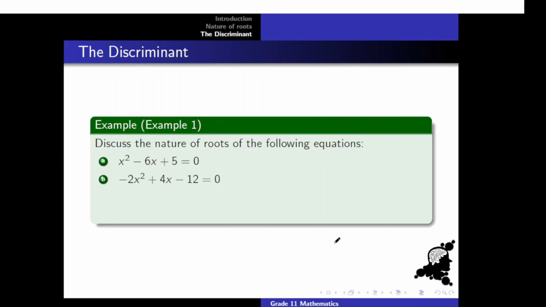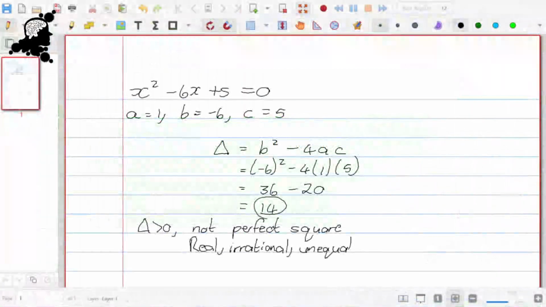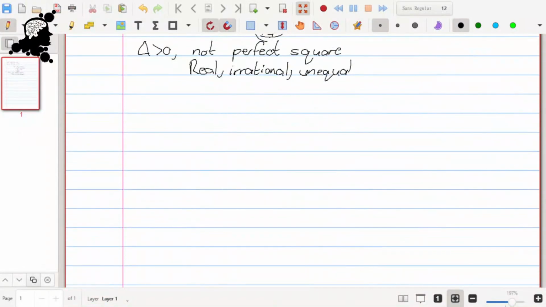So in our next question, we've got negative 2x squared plus 4x minus 12. Let's look at this one. So we've got here negative 2x squared plus 4x minus 12 is equal to 0. We start off by writing the value of a is negative 2, the value of b is positive 4, the value of c is negative 12.